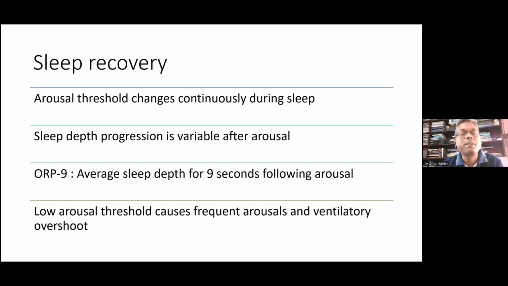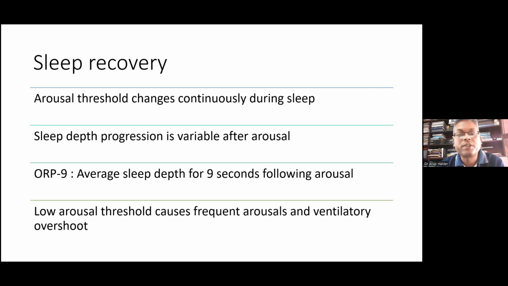So if the sleep recovery is very poor, that suggests that the patient is sleeping in a very low arousal threshold state, from which he can be woken up very easily, and that can bring about a hypersensitive ventilatory control system, destabilizing the ventilatory control and bringing about ventilatory instability.